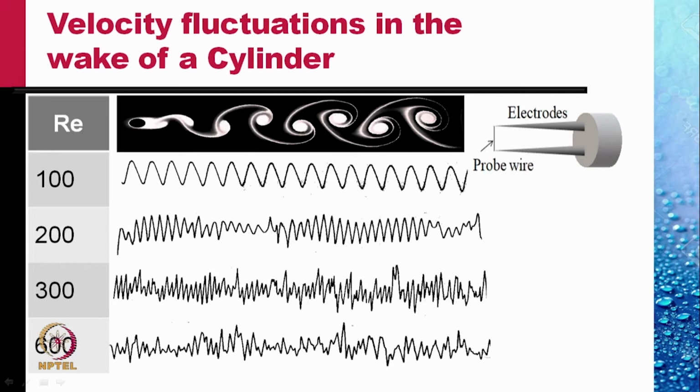As the Reynolds number increases, the first thing to notice is that this frequency increases. Second, the regularity breaks down till at Reynolds number of 600, the regularity completely disappears and we get what appears like a random fluctuation of signals. This is the turbulent flow.